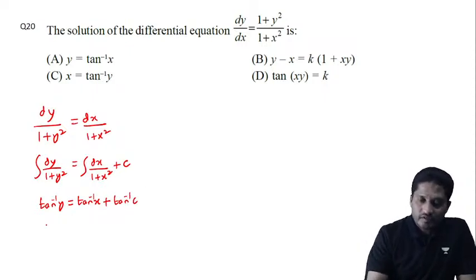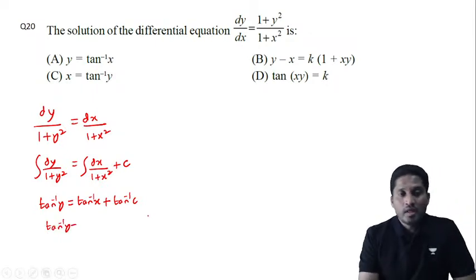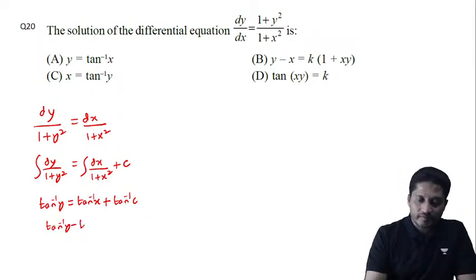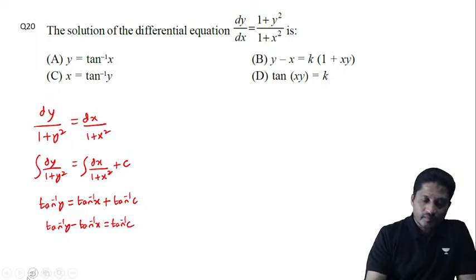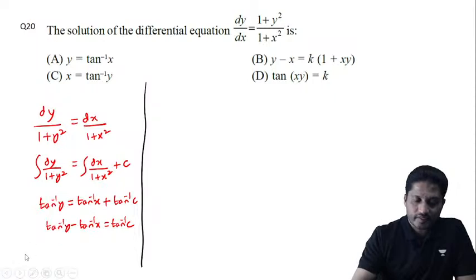Okay, now if I shift to the left side, tan inverse of y minus tan inverse of x is equal to tan inverse of c. Okay, now tan inverse of y minus tan inverse of x is tan inverse of y minus x divided by 1 plus yx, is equal to tan inverse of c.